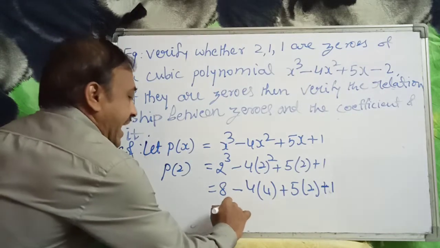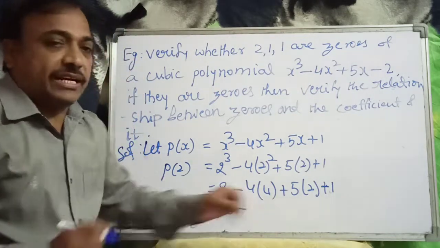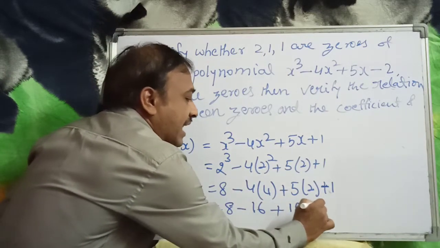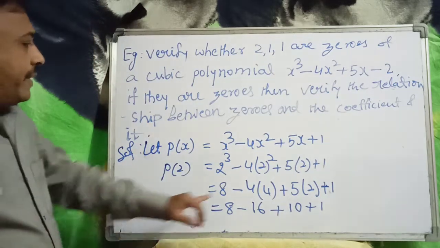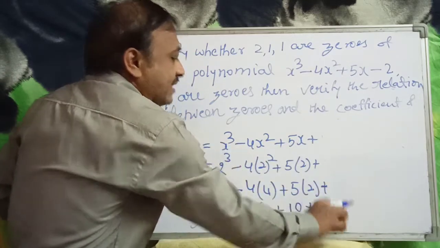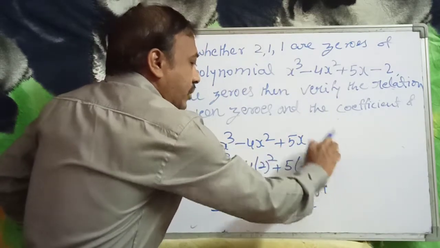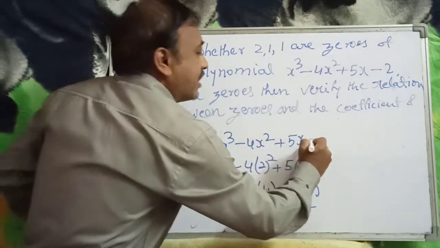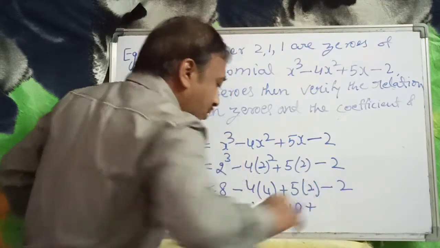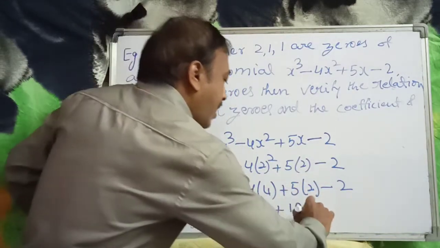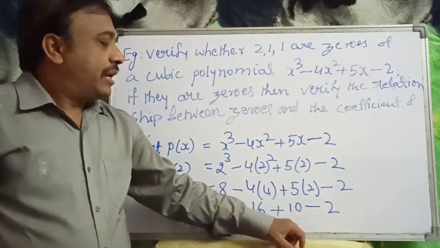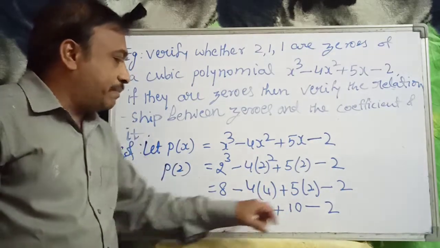Which is 8 minus 4 fours are 16 plus 5 twos are 10 plus 1. Sorry, here this is not plus 1. In the question it is minus 2. We are sorry, the question is given as minus 2. We copied it as 1. So minus 2 here and here. Now you observe 8 plus 10.